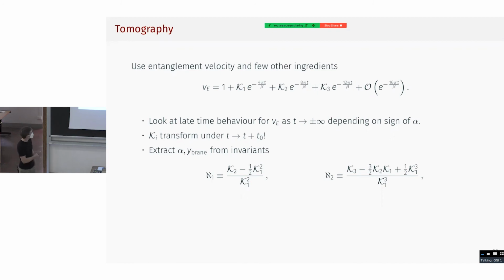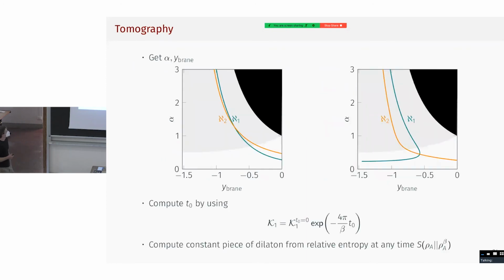The particular invariants here are chosen such that the numerator has the lowest power possible in sine of y brane. Or in other words, they're just convenient to work with, also numerically.